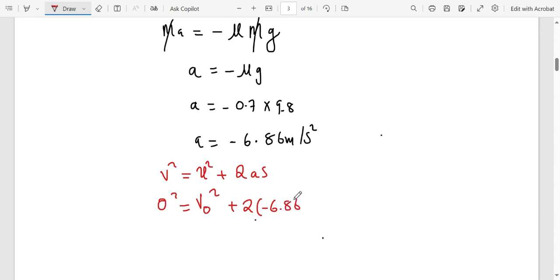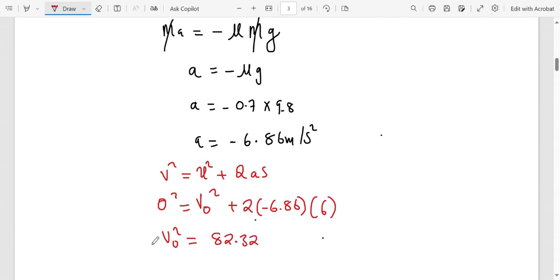The distance they covered before stopping is 6. So we'll take this to the other side, and we're going to have v initial squared being equal to 2 multiplied by 6.86 multiplied by 6. Remember, this is a negative value, but when it goes to the other side of the equation, it becomes positive: 82.32.